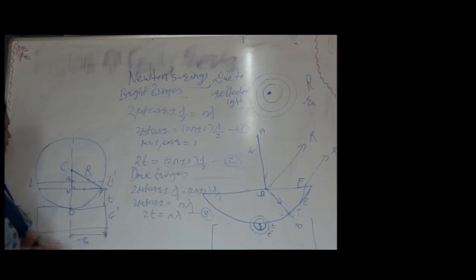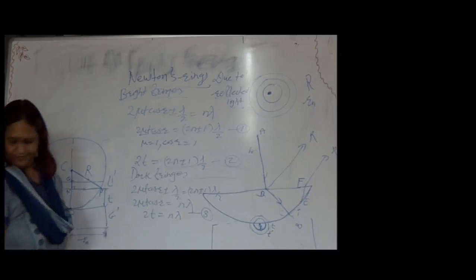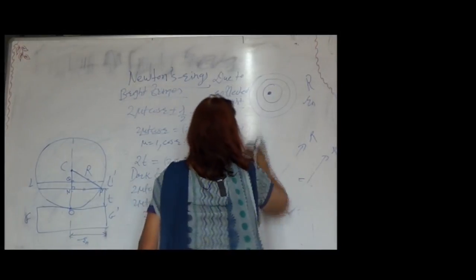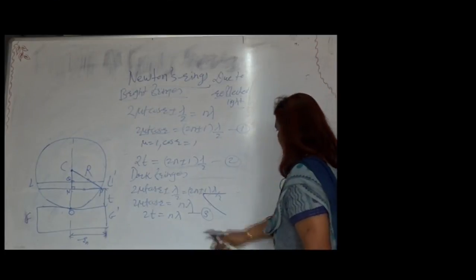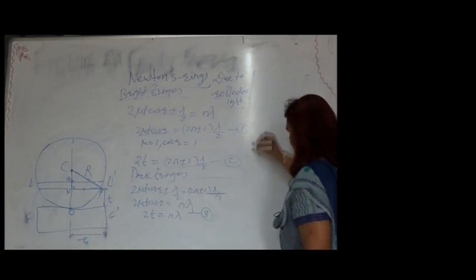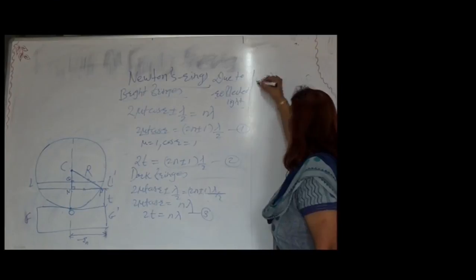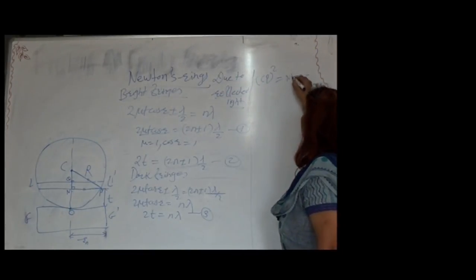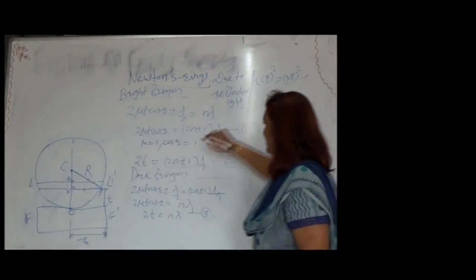Here the hypotenuse is CP, so CP square is equal to NP square plus CN square.